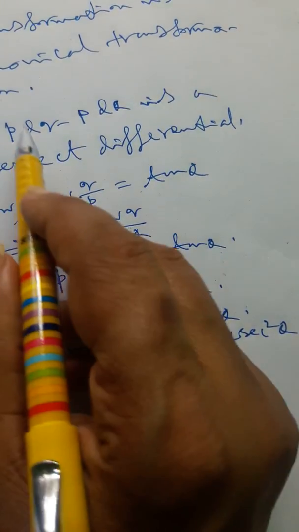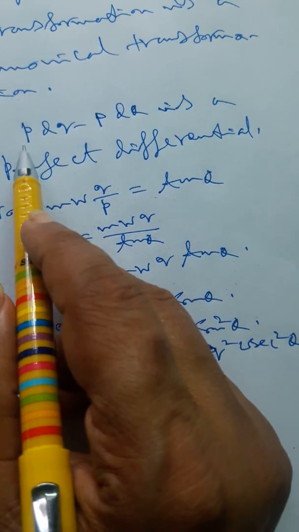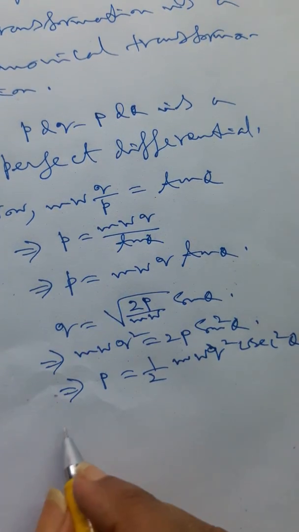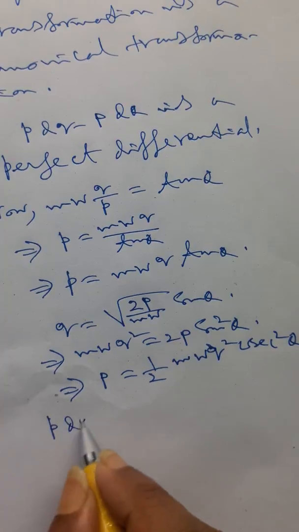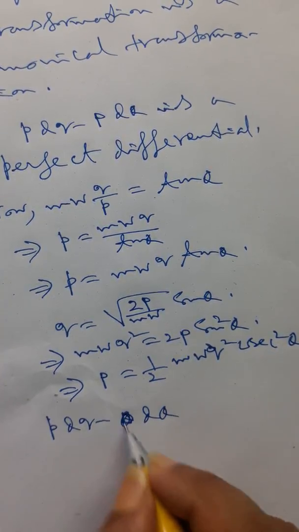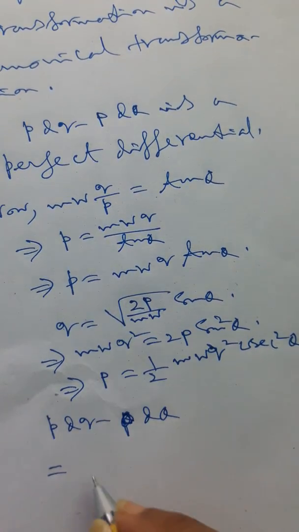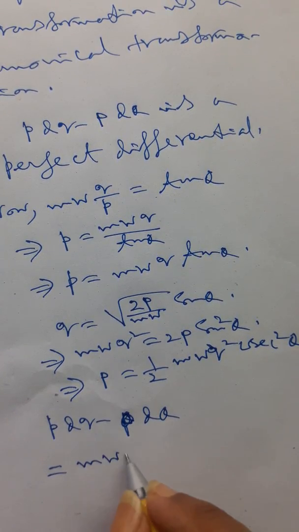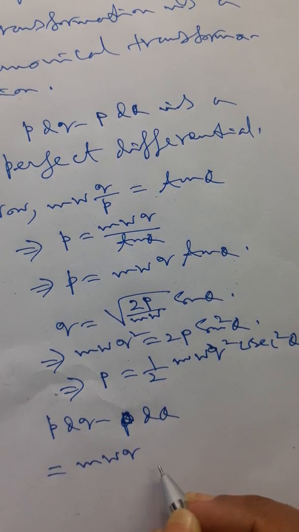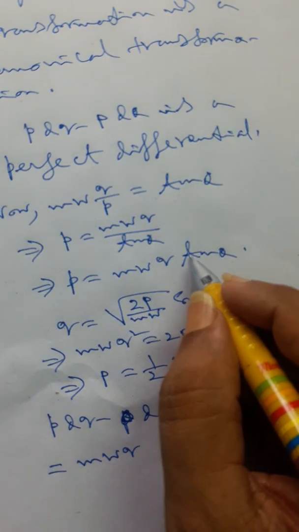Now we make the terms a perfect differential. So we find p dq minus capital P dQ. It will be small p is m omega q. Sorry to say, here it is a correction.